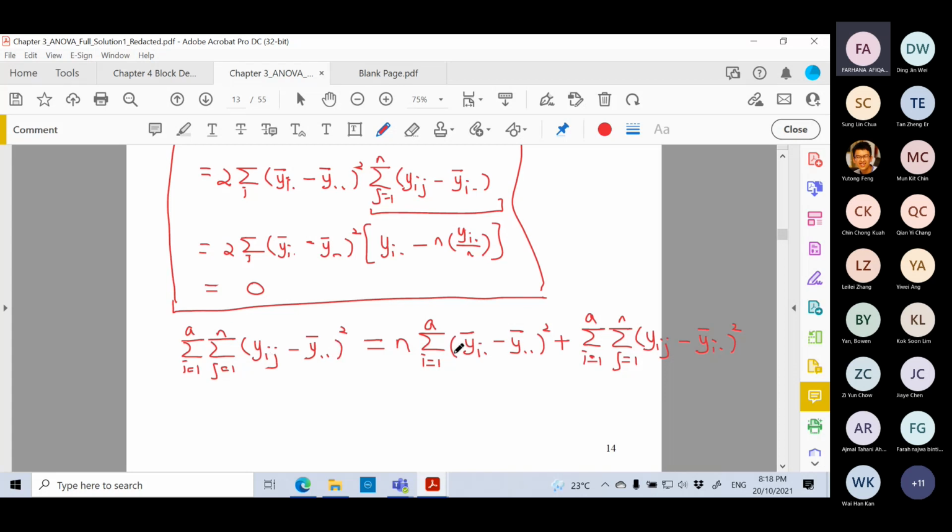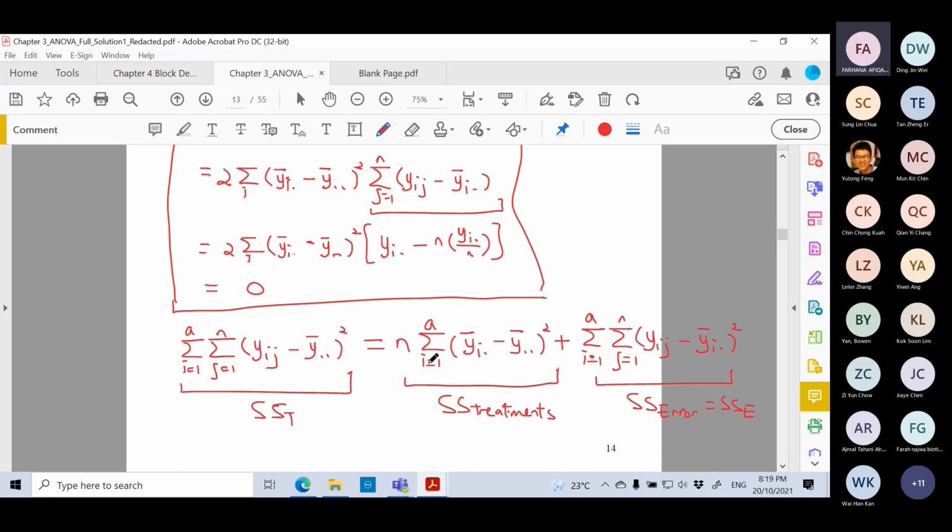It can be partitioned into this part and this part. This one we call the sum of squares for the total. I use the notation SST. This one we call the sum of squares for treatment, and this one we call the sum of squares for the error, or you use the notation SSE.